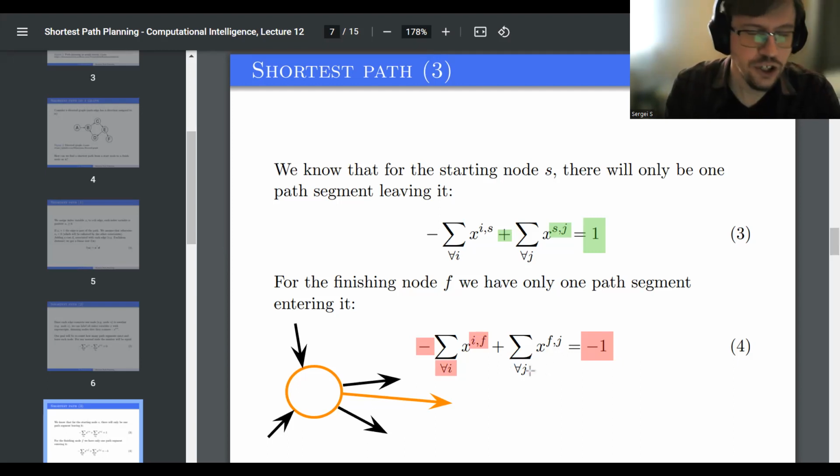And again, what we actually expect is that there will be a single path segment that enters the final node, and since they come with a minus sign, you'll get a -1 there.